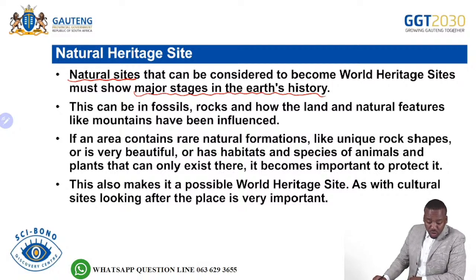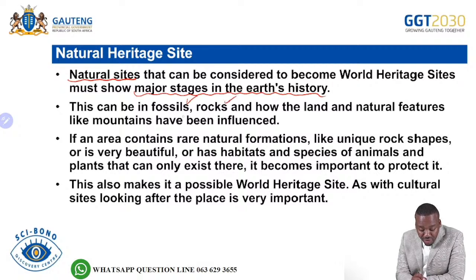We are saying a natural site can be considered to become a World Heritage Site if it shows major stages in the Earth's history, ecology, plants, and so on. It can be in fossils. Remember, there are people who find fossils and study rocks.